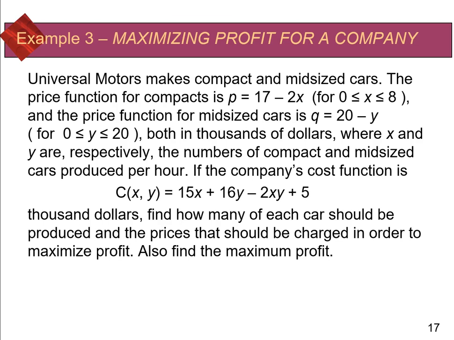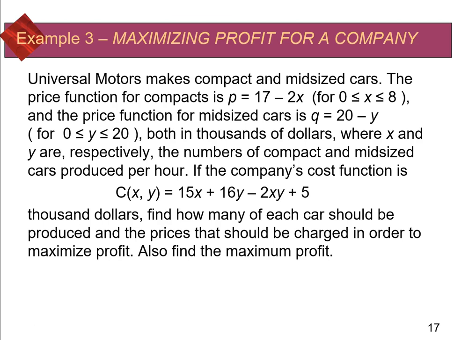Universal Motors makes compact and mid-sized cars. The price function for compacts is P equals 17 minus 2x for x values between 0 and 8. The price function for mid-sized cars is Q equals 20 minus y for values between 0 and 20.